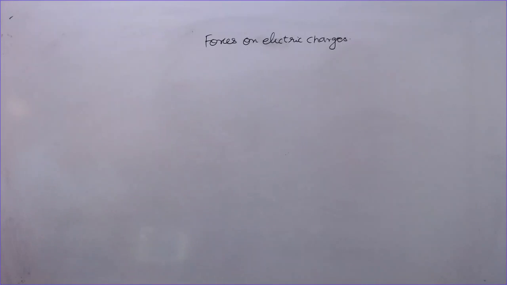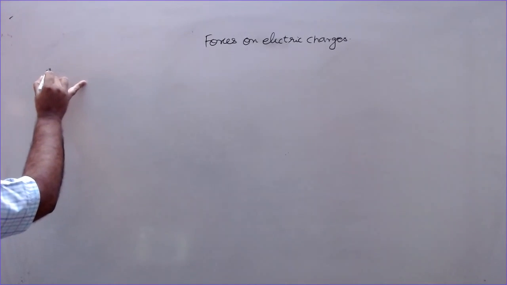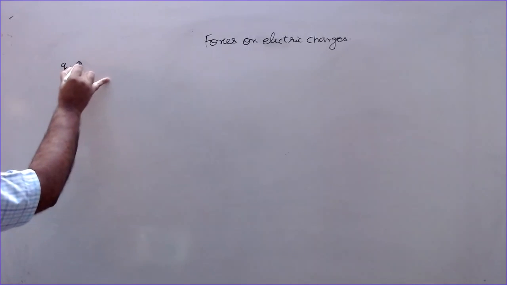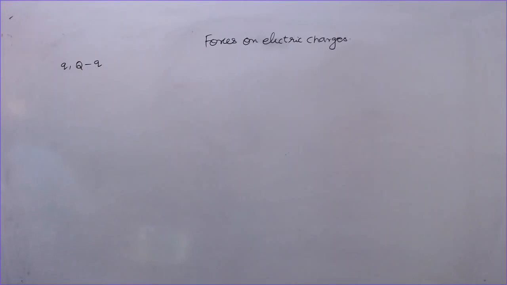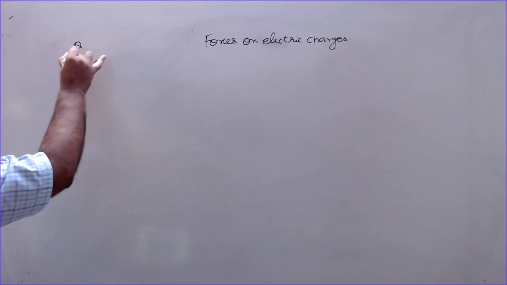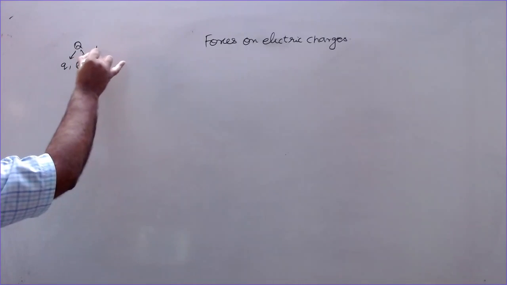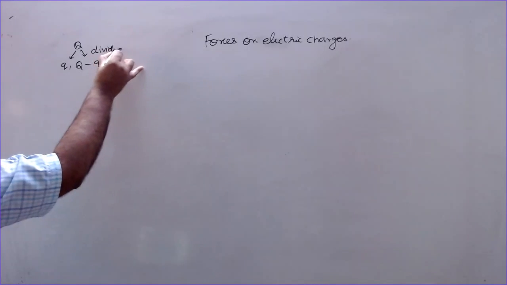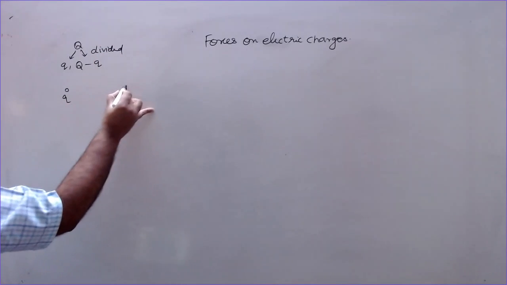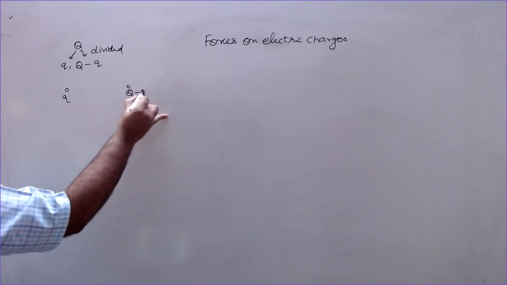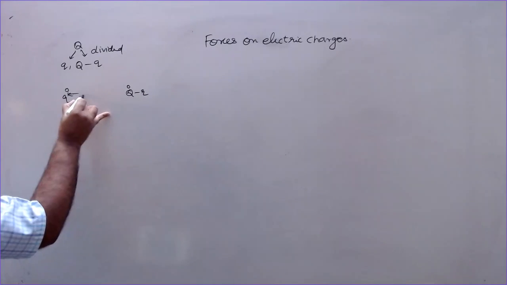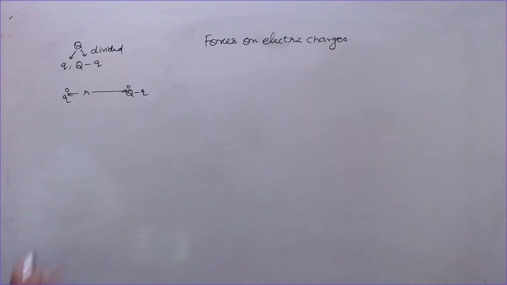Now we have the next question. The question is that we have a charge which is divided into two parts, Q and this. A total charge Q is divided into two parts and kept like this at a certain distance.